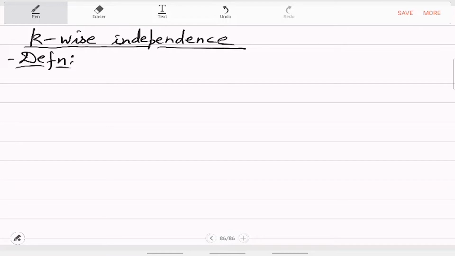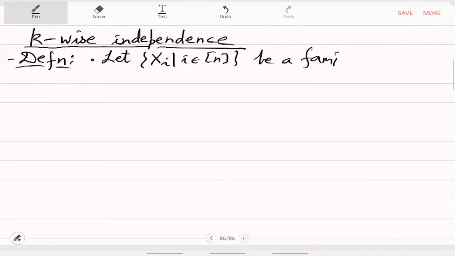So what is k-wise independence? Let Xi be a family of random variables.